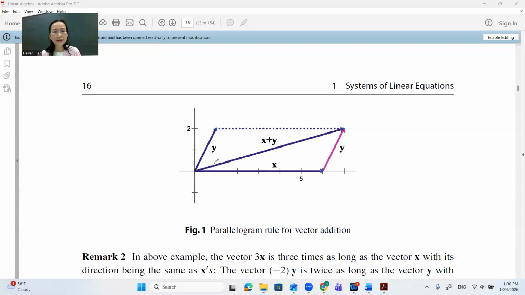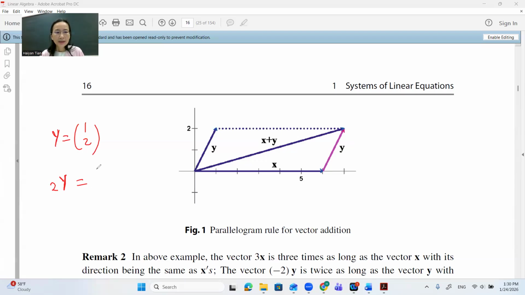Then what is the geometric meaning of a scalar multiple? Suppose I have a y here, which is 1, 2, and suppose I multiply it by a scalar. Let's pick a number, I say 2, twice of this vector.